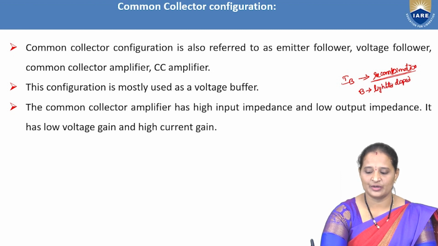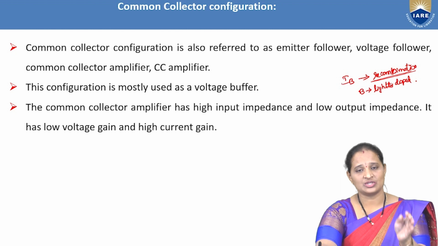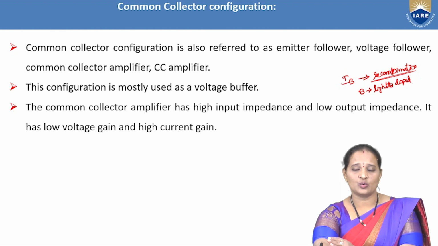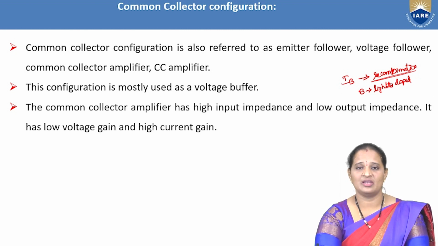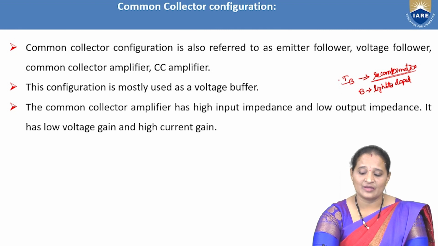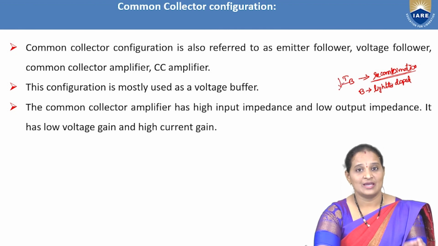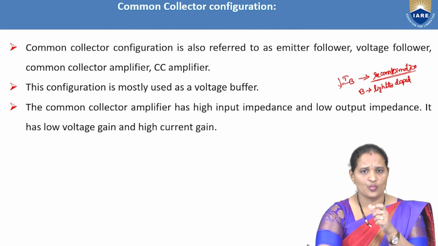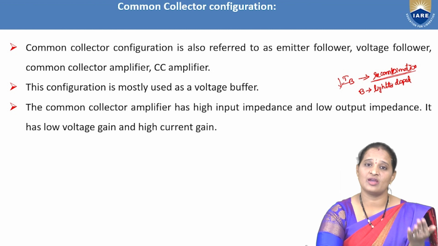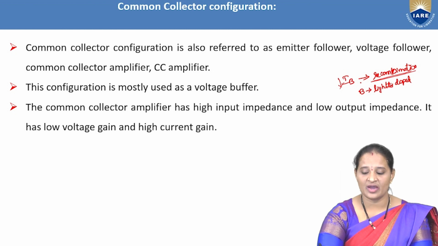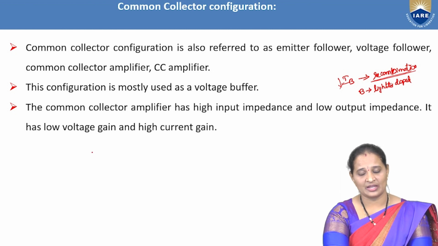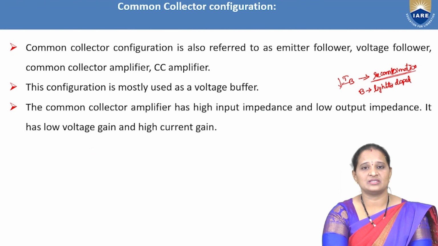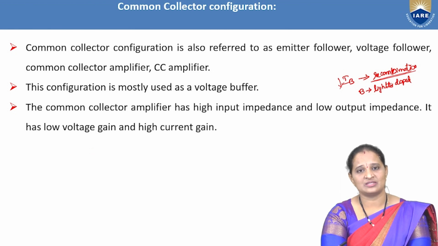As the base is lightly doped, the number of charge carriers that recombine with the holes in the base region will be less, and hence the base current will be very less. As the base terminal is considered as input, and the base current is low, we have less current when we have more impedance. So that is why we say that in the common collector amplifier, input impedance is high, whereas the output impedance is low.